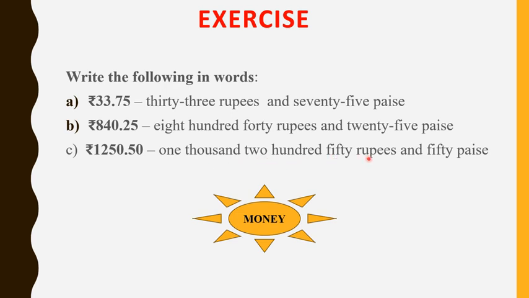So we write rupees after the first amount, then and for the dot, then the number name for the paise given over here, 50, and then we add paise. Is it clear? Let's go to another exercise.